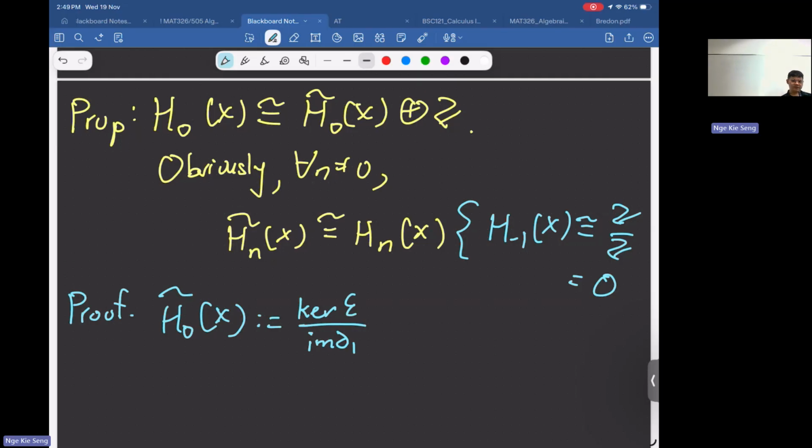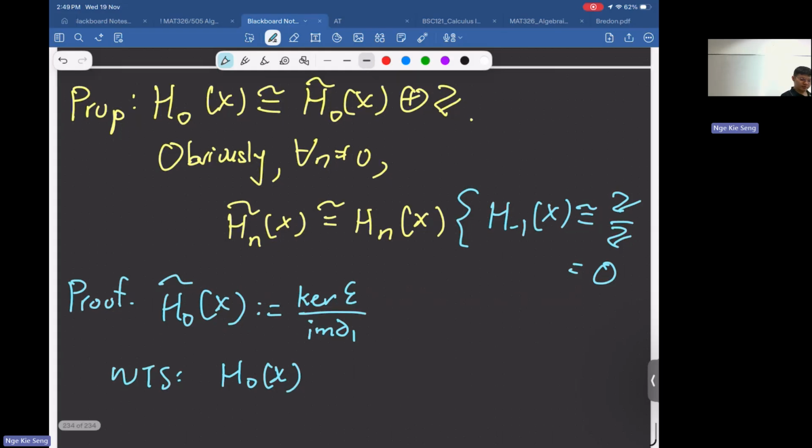One way to show this is, can you show that hash not x quotient out by hash not tilde x is Z? Can we do this or not? If we can do this, then it will split into a direct sum.